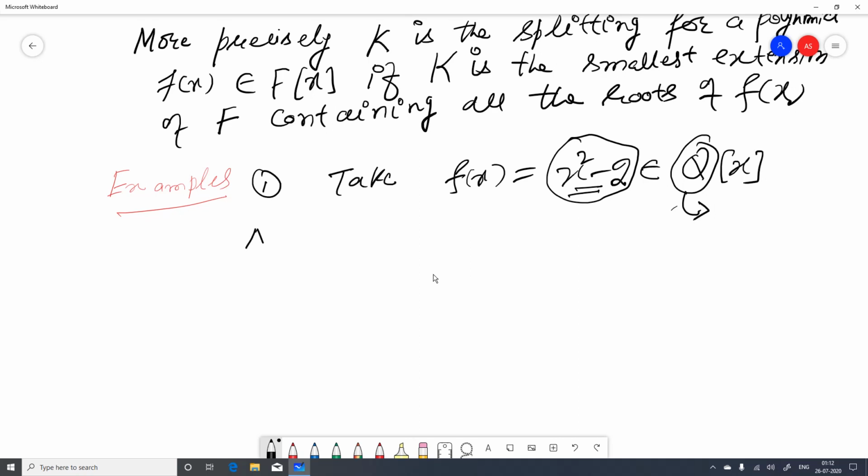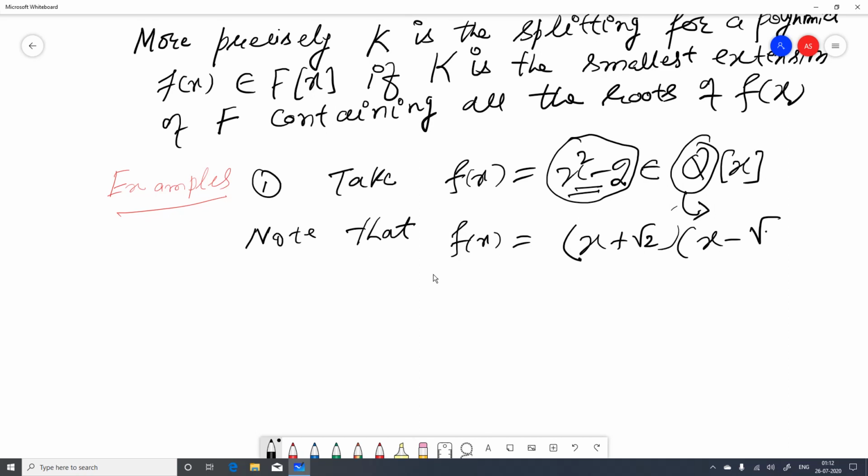Now note that this f(x) can be written as (x plus square root 2)(x minus square root 2), completely into linear factors, and this is actually in Q(root 2)[x].